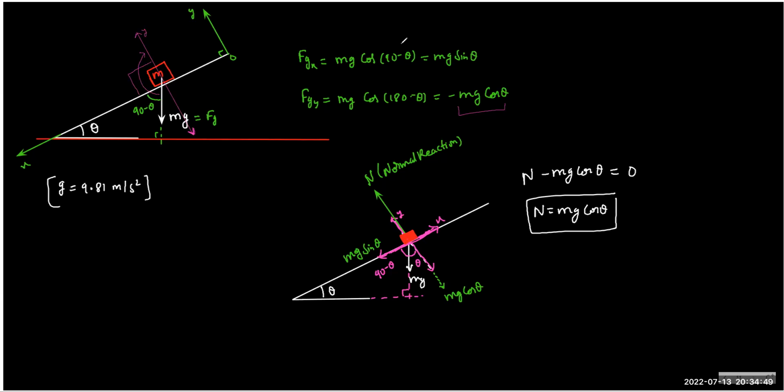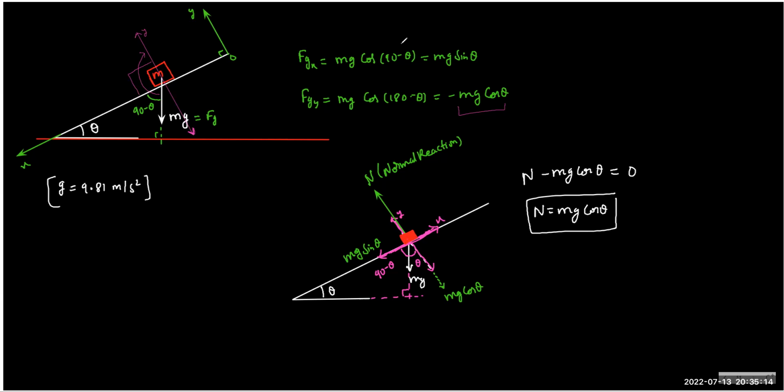And that is the whole idea: what normal is doing, what mg cos theta is doing, has nothing to do with what mg sin theta is doing, because they are totally mutually perpendicular. And that is the purpose of learning the component. By creating two mutually perpendicular components, we can check the events separately.